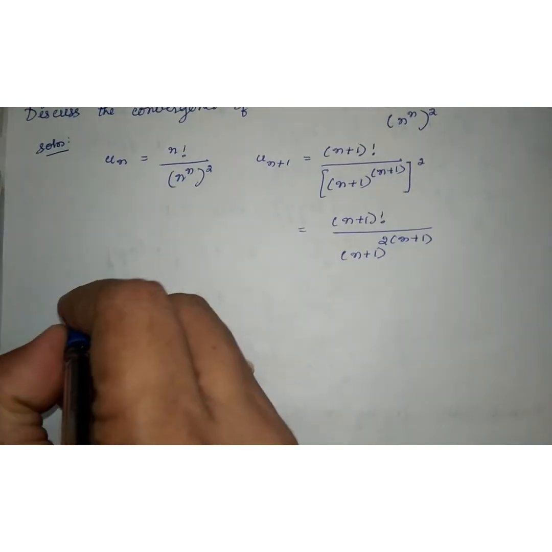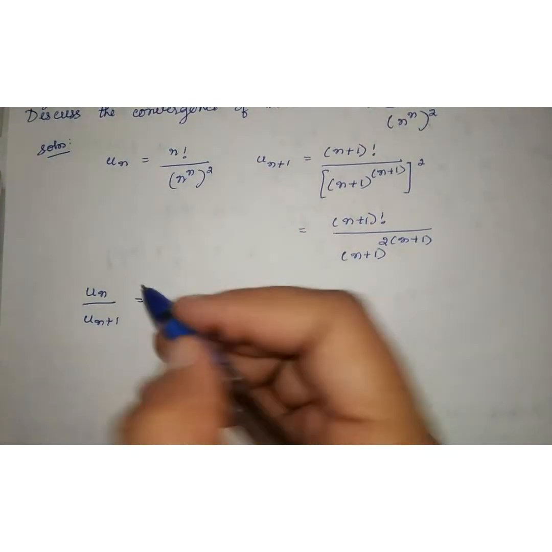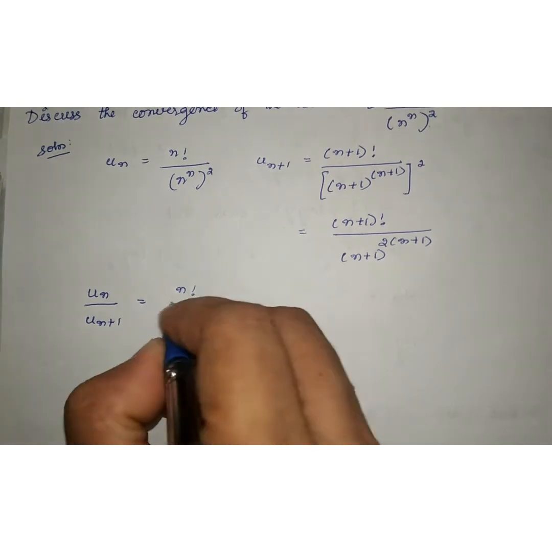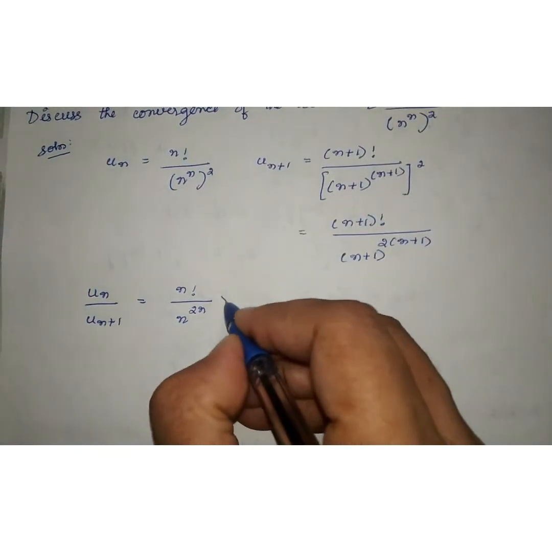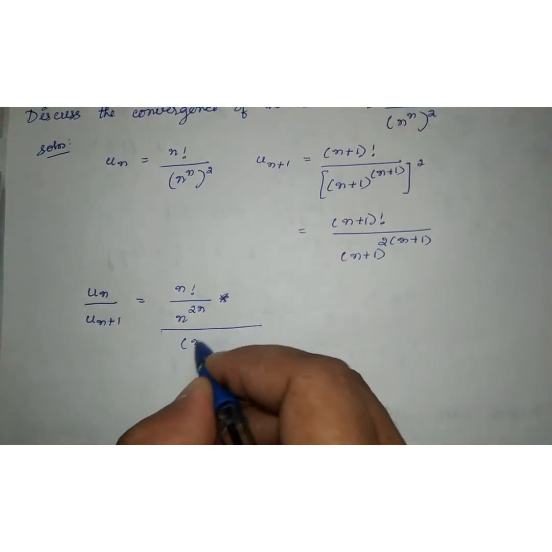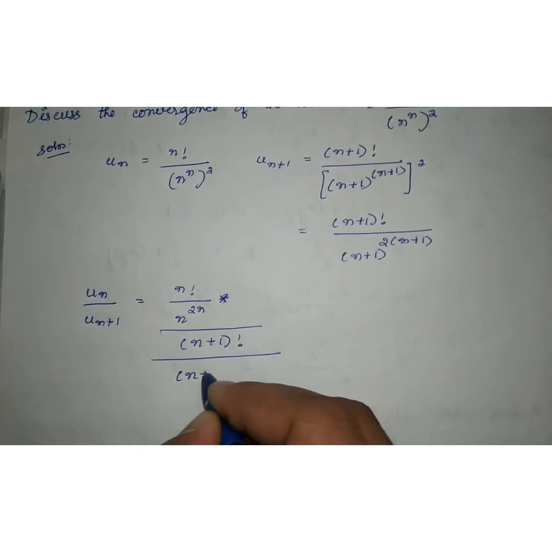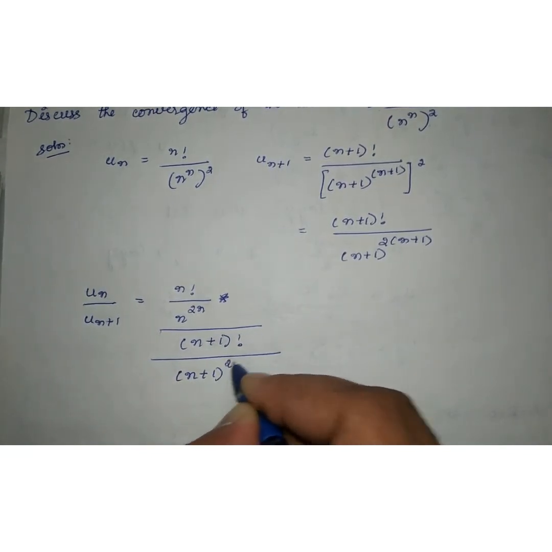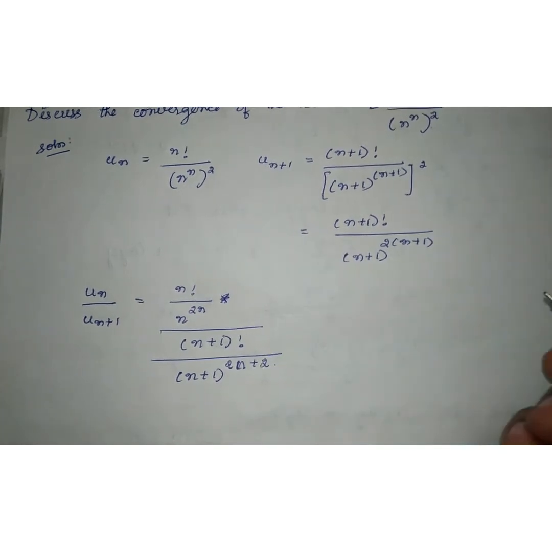So now let us find un by un plus 1. So what is un? n factorial by n to the power 2n, divided by n plus 1 factorial divided by n plus 1 to the power 2 into n plus 1, I can write it as 2n plus 2.